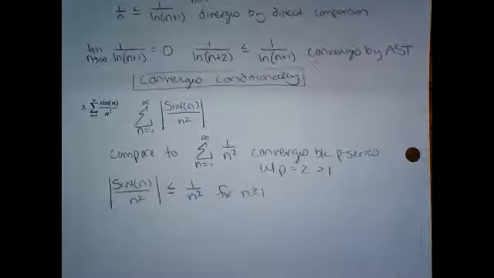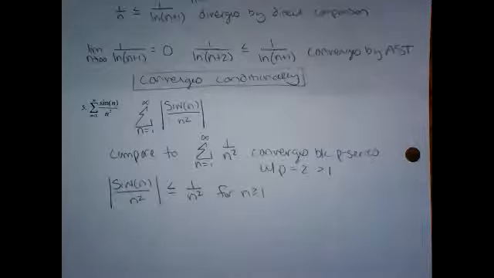And it will be true because this sine of n is going to bounce around between 0 and 1, but it'll never get bigger than 1. So it'll always have to be smaller than or equal to. Does this make sense? Yeah, exactly. It's going to have to be equal to or less than 1, and the denominator's okay.